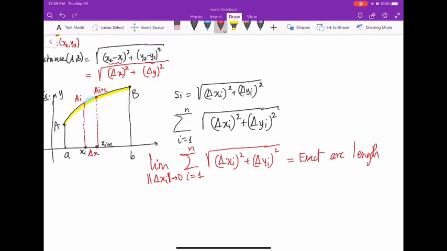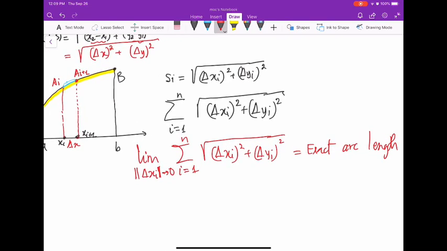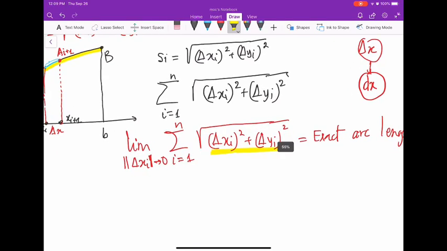But in order to find the integral, we need to do one more step, okay? Because usually when you do that process, you would need to change delta x to dx, right? But in this formula, we still don't have delta x. So basically, I need to pull delta x_i squared out of the square root, right?